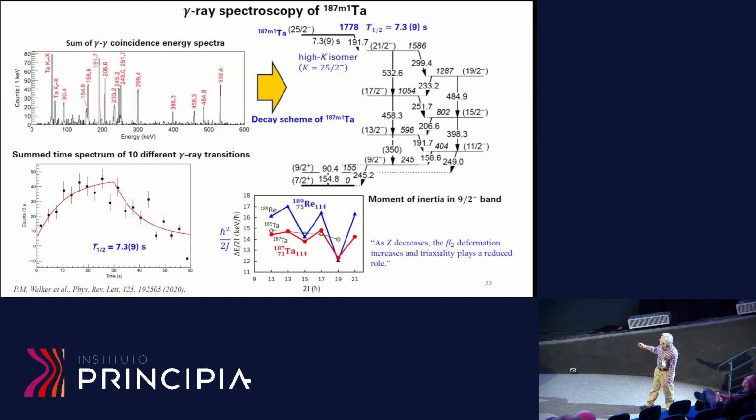Z decreases from rhenium to tungsten and tantalum. The beta-2 deformation increases and actually plays reduced roles. In the case of rhenium, it shows such a staggering. However, in the case of tantalum, the staggering appears only in the high excited states.